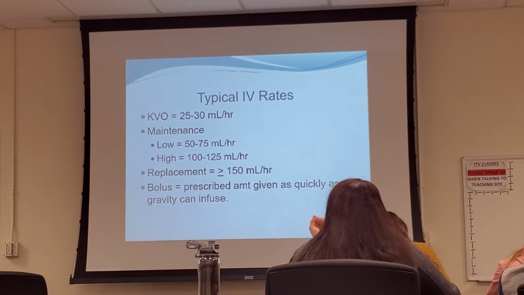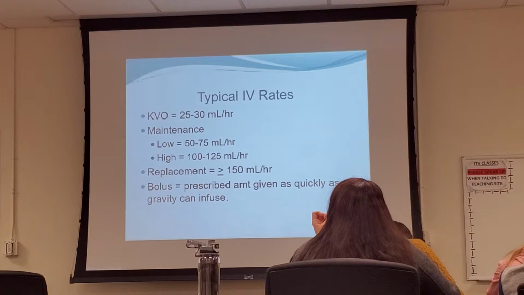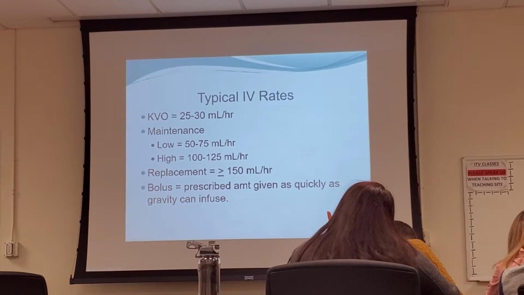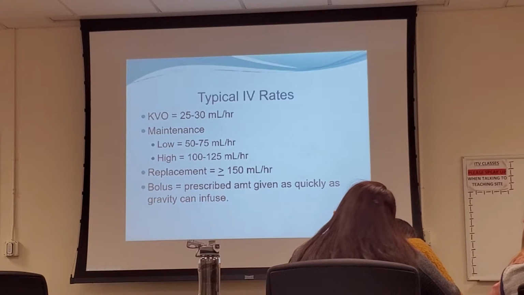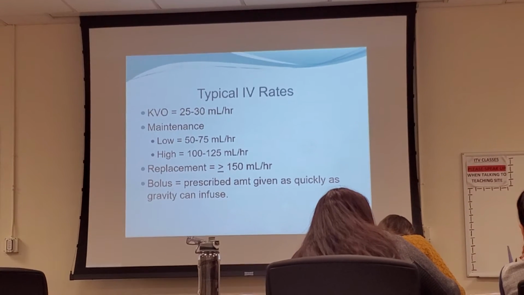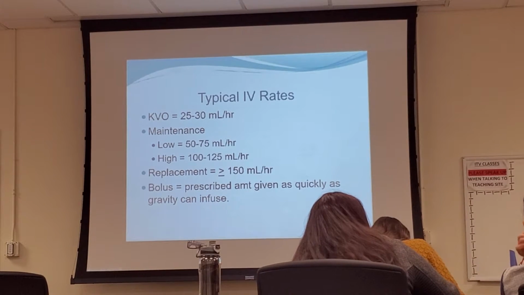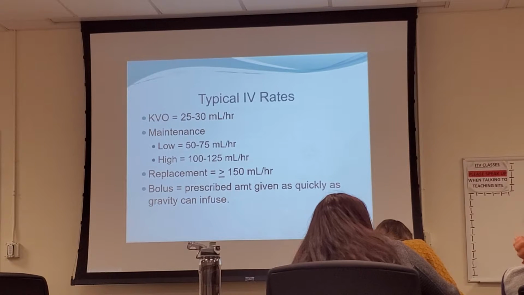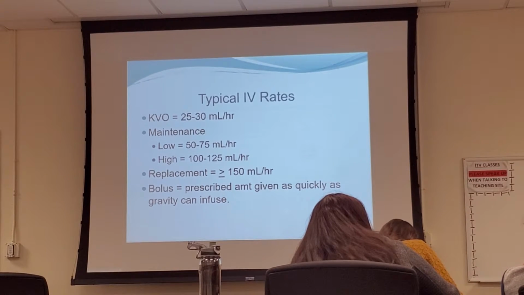Remember, maintenance is meeting those needs, preventing new losses because they can't take it in orally or not adequately orally. Replacement, on the other hand, is now we're fixing somebody's fluid loss. We're giving it at a rate faster than we expect their kidneys to filter out. Do you remember what's our normal urine output?